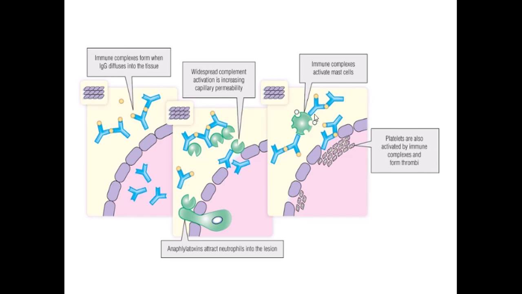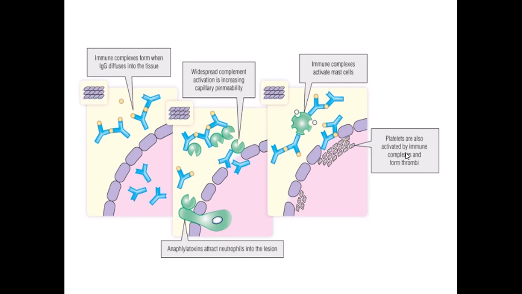And here, when the immune complexes are fragmented, thrombi could develop as part of the reaction that is involved. Immune complexes activate mast cells, and the mast cells are responsible for a different type of inflammation.